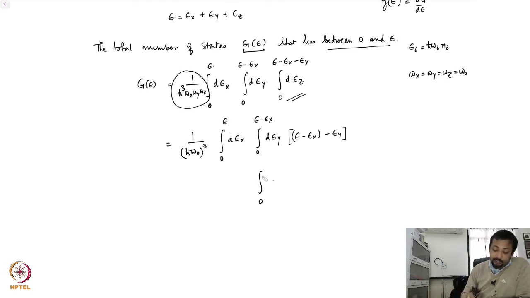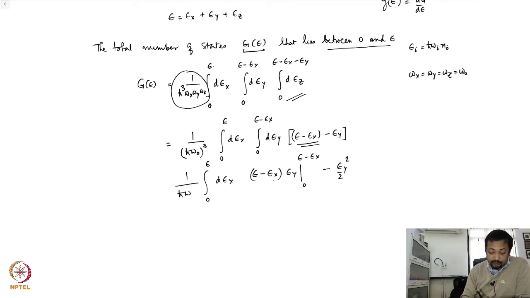Let's now carry out the integration over epsilon y, so that the first term is going to be epsilon minus epsilon x times epsilon y, 0 to epsilon minus epsilon x, minus epsilon y squared by 2, and then I have an integral over epsilon x, 0 to epsilon.